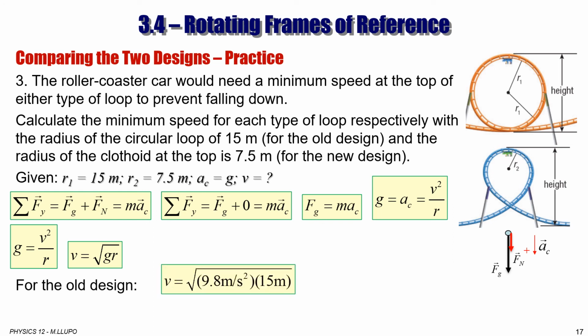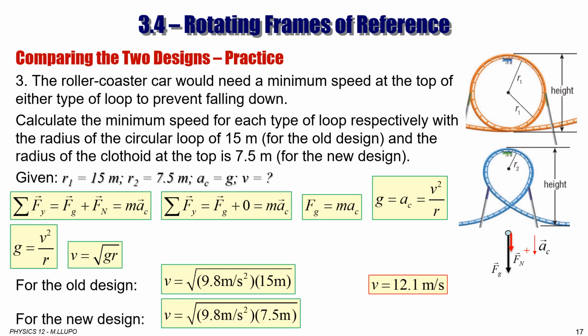One design has r of 15, so 9.8 meters per second squared times 15, and we find 12.1 meters per second. And for the new design, it's half of that radius, 7.5, and the speed is 8.57 meters per second. Why is it not 5? Because it's a square root.